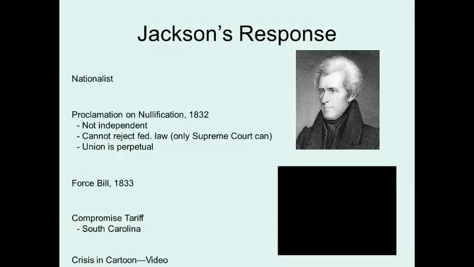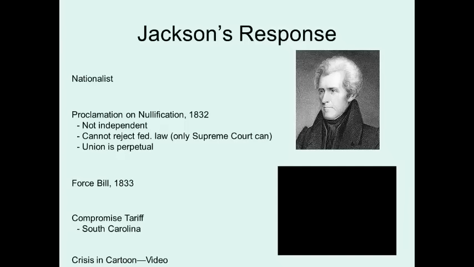In the proclamation of nullification, Jackson stated first that states of the Union were not independent. Therefore, no state had the right to reject federal law.